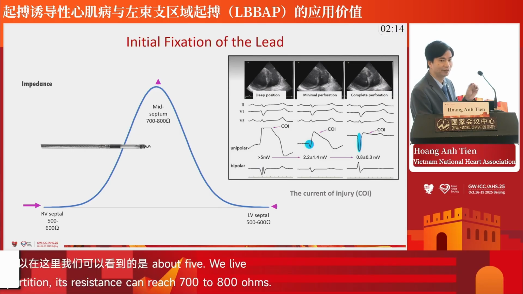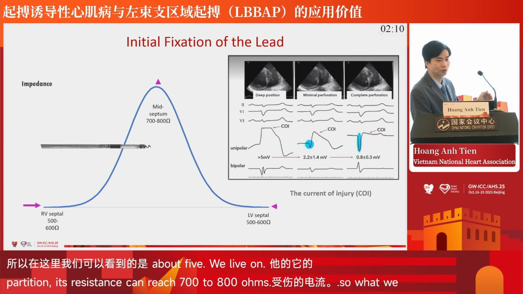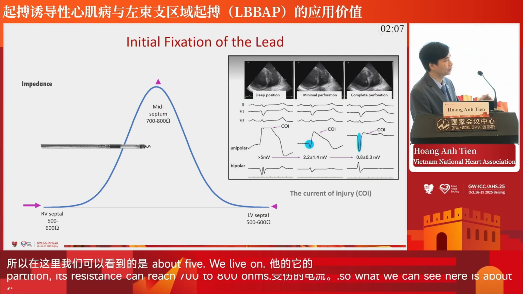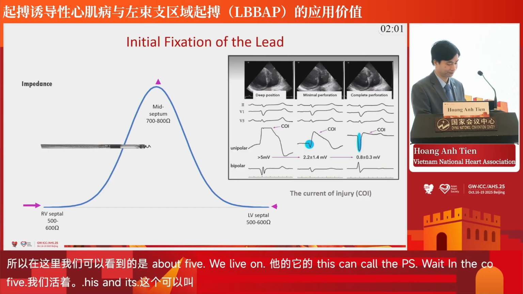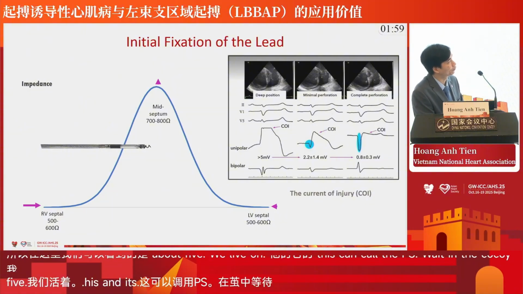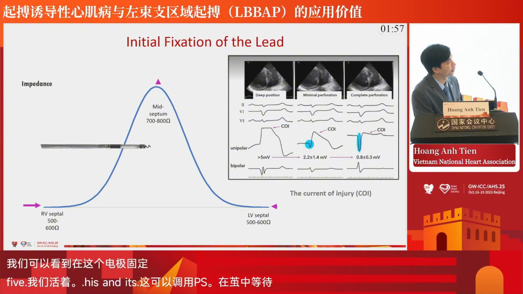But with minimal perforation, it can cause a small QR, and with total perforation, it can cause a QS wave in the current of injury. It means that there is a lot of perforation. Little perforation is ideal.